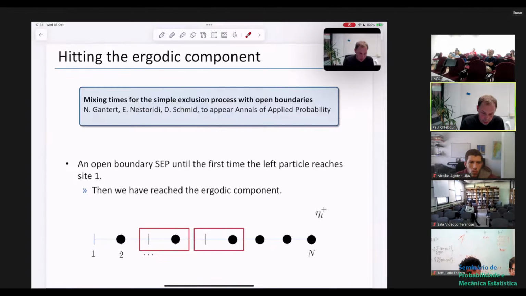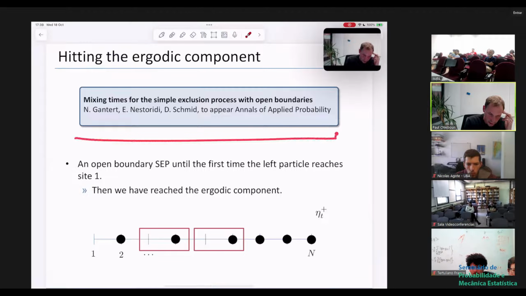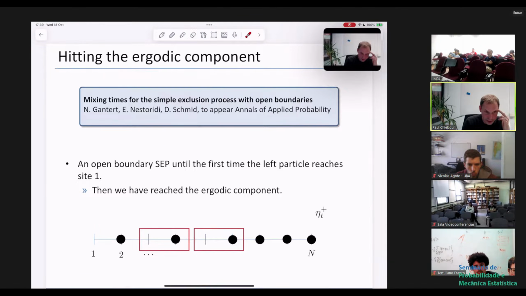Okay, so once we've made that comparison, which we can make more precise through the coupling we have with the height functions, we can write down very precise bounds on how long it takes to reach the ergodic component by using the results of Gunter, Nestoridi, and Schmidt for mixing times of the open boundary exclusion process.